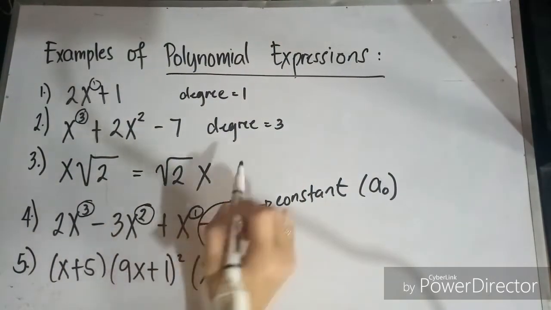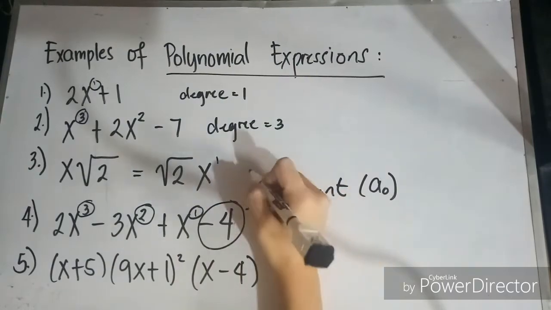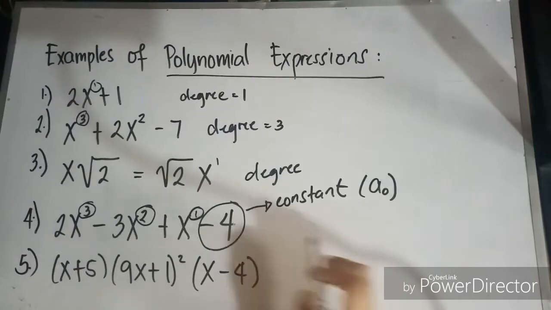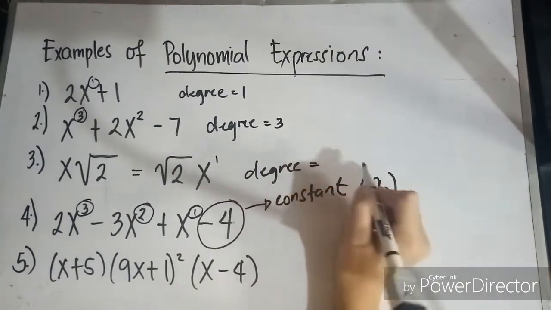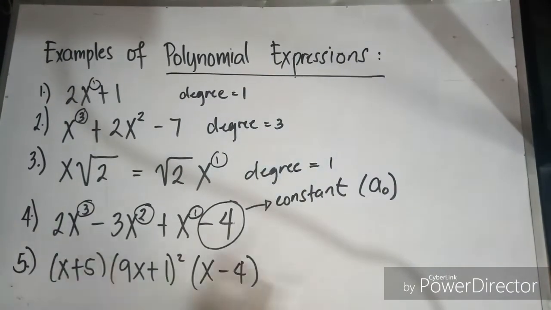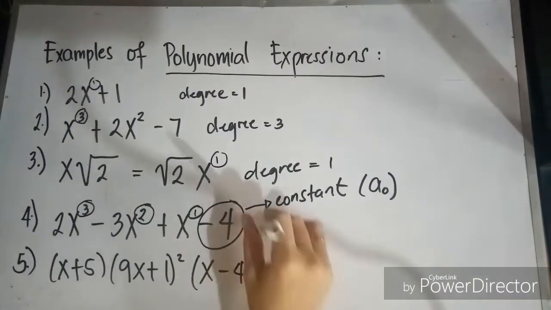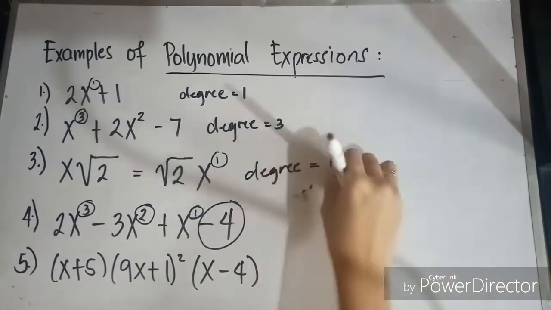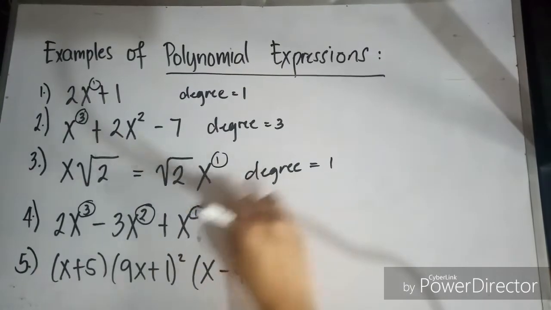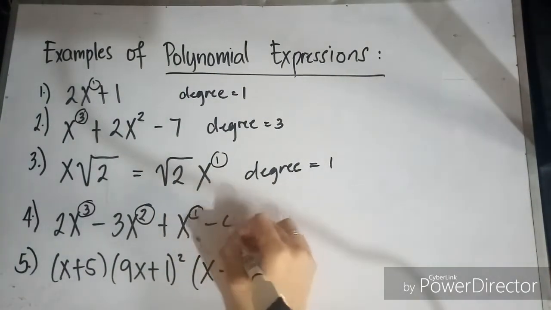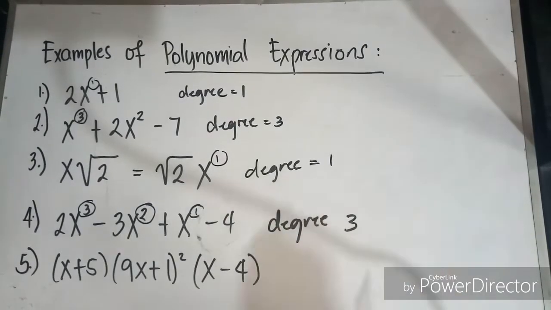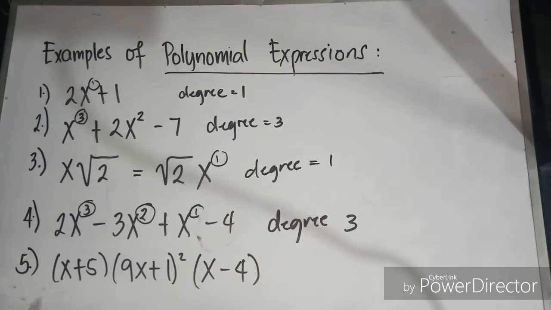In example number 3, the degree is still 1. In example number 4, I'll just erase this part. Okay, minus 4. The degree here is 3.